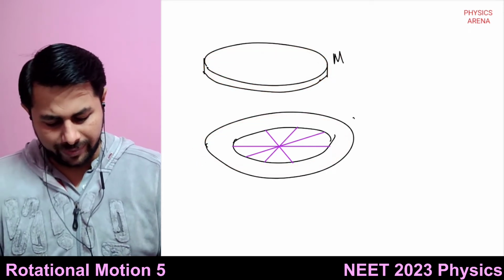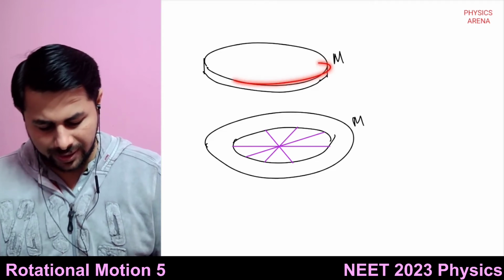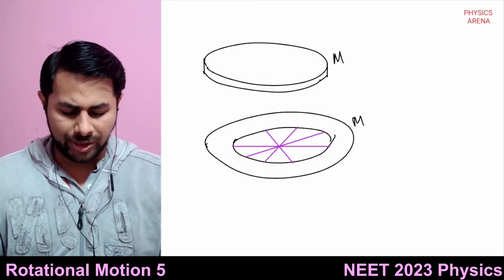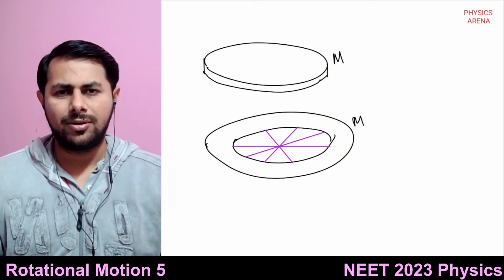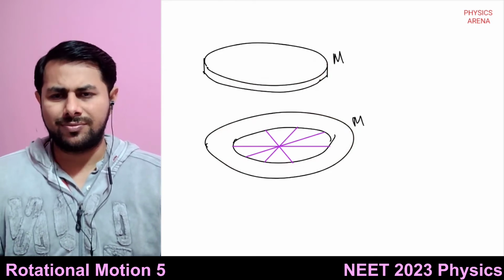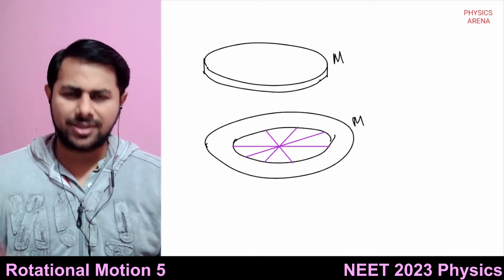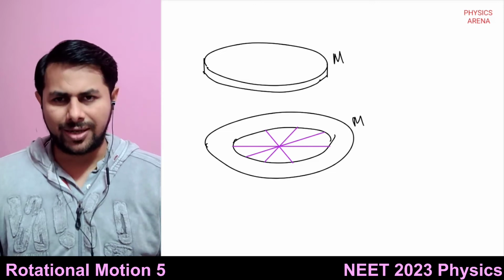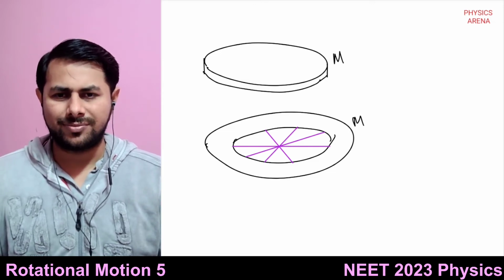So this m, mass of the disc and mass of the wheel, is equal. So the question is, which one of them will have more moment of inertia? And let's suppose that thickness is also equal.